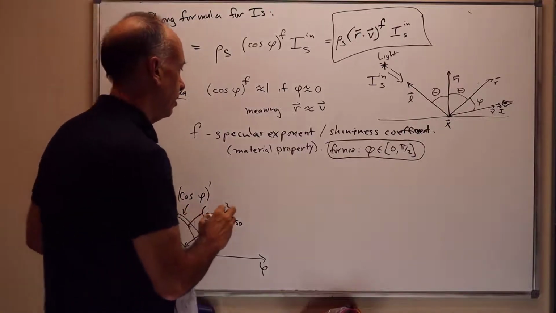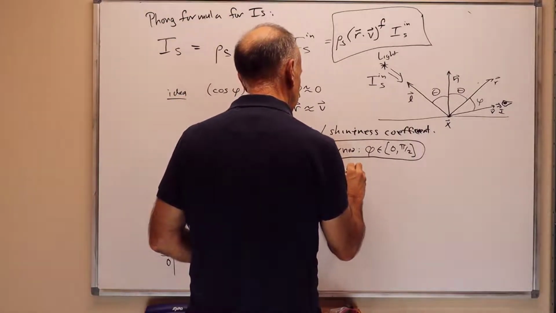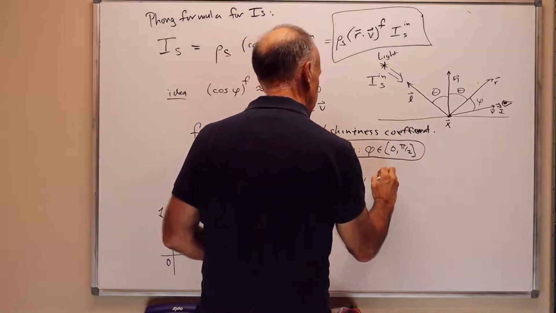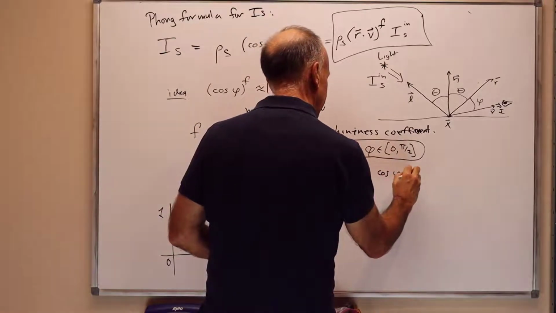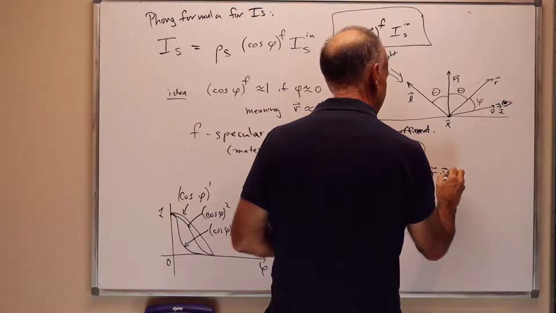It's possible that if phi is greater than pi halves, then cosine of phi is less than 0 and r dot v is less than 0.